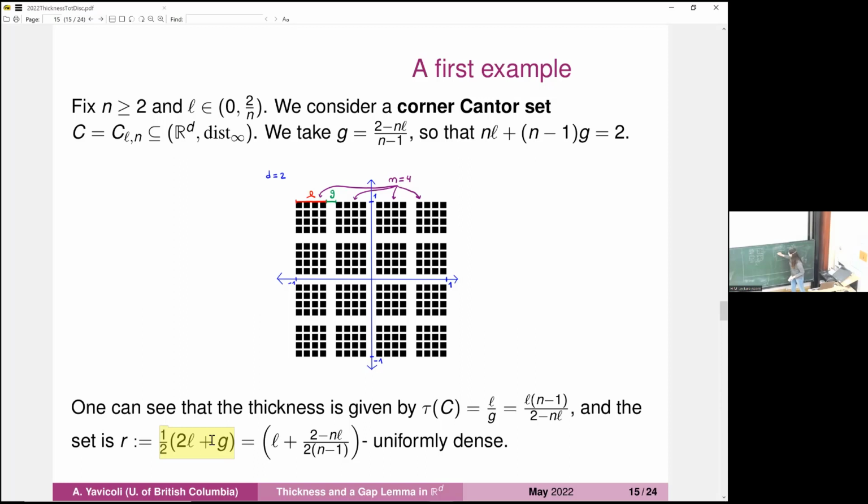So, for example, if this is L, well, it depends how many cubes I put here. If I put 4 of them, then L must be smaller than this length, that is 2. And the remaining space that is here is 2 minus 4L divided by 3. That's the gap that appears there.